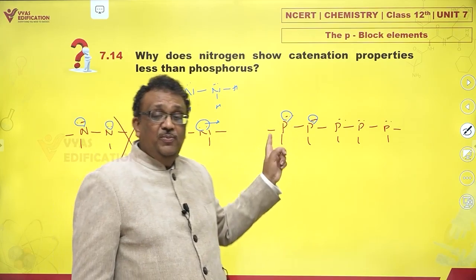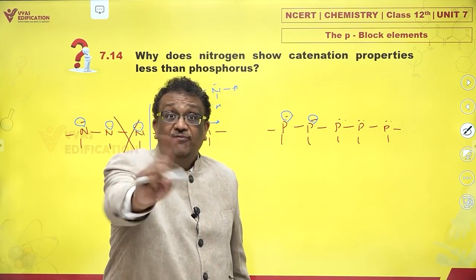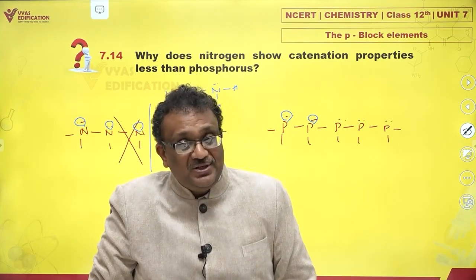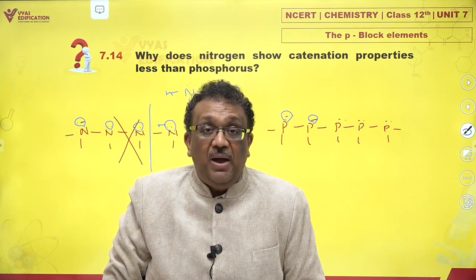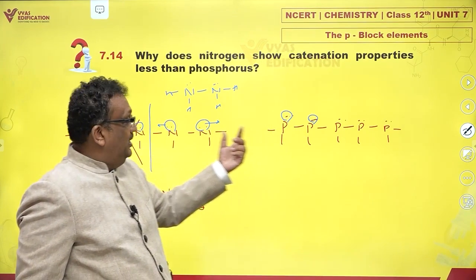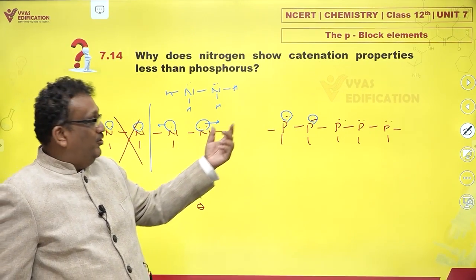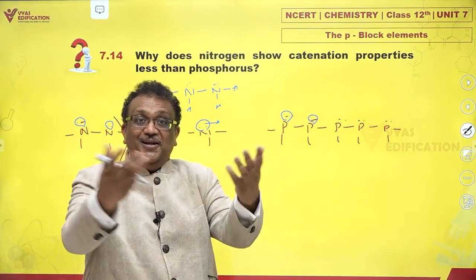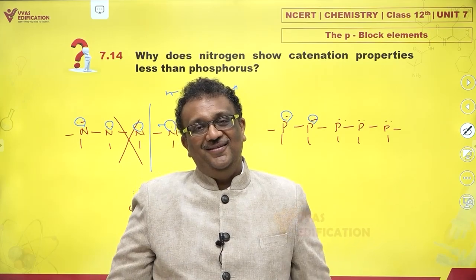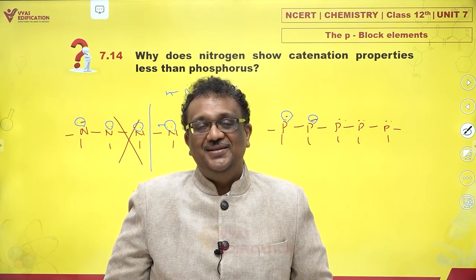In this case, lone pair repulsion is there, but it does not weaken the P-P single bond as much. And that is why the P-P single bond is still not as bad as the N-N single bond. It is a stronger bond as compared to N-N. Phosphorus, because the bonding is stronger, can catenate. And nitrogen, because bonding is poor, does not catenate. That, my dears, is the reason.